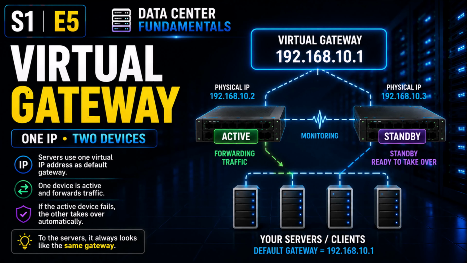That .1 address is virtual. One switch currently owns it and forwards the traffic. If that switch fails, the other switch takes over the same virtual gateway. From the server's point of view, nothing changed. It continues sending traffic to the same IP address and virtual MAC address.